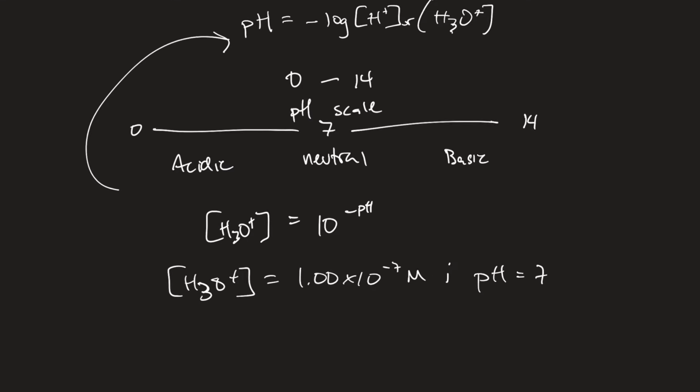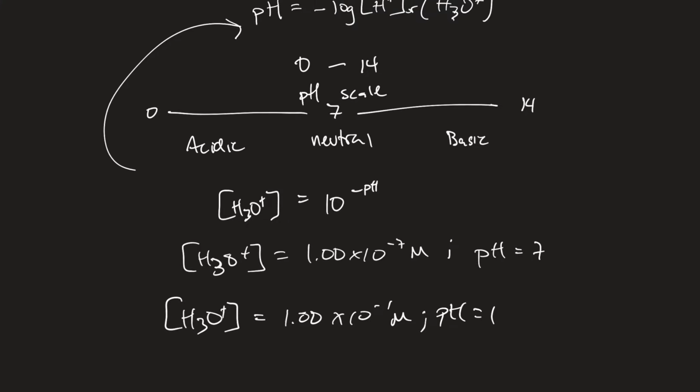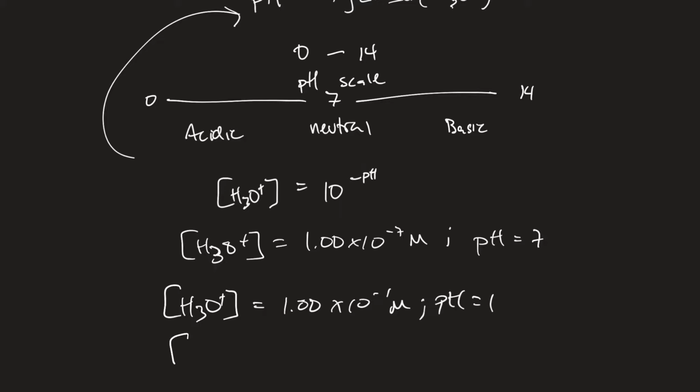If we're talking about a strong acid, where the hydronium ion concentration is 1.00 times 10 to the negative 1 molarity, then the pH is equal to 1. Versus a strong base, where the hydronium concentration is 1.00 times 10 to the negative 14 molarity, then the pH is 14. That gives us an indication that this substance is a base.